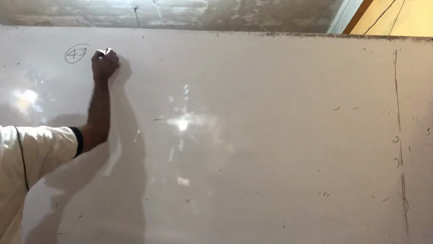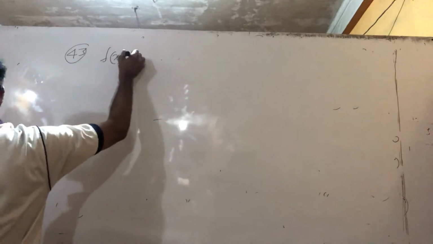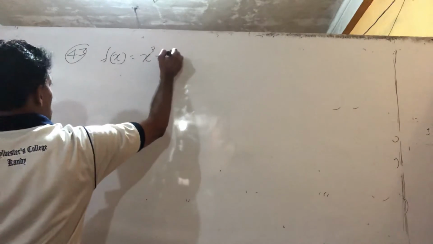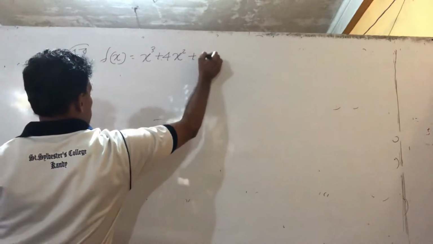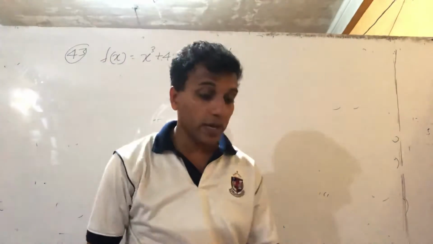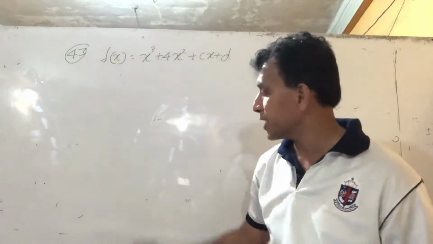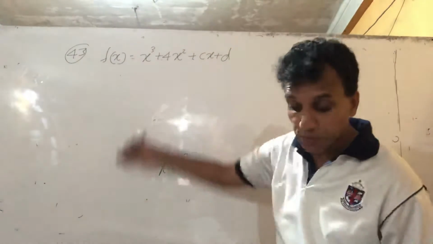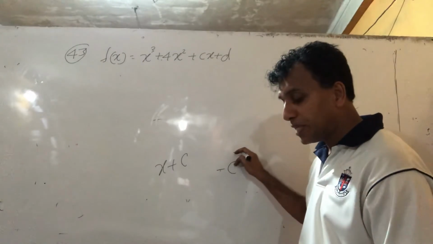Problem 43. Fx equal x cube plus 4x square plus cx plus d. It's a cubic, power 3 polynomial. When this fx is divided by x plus c, they say the remainder is minus c cube.